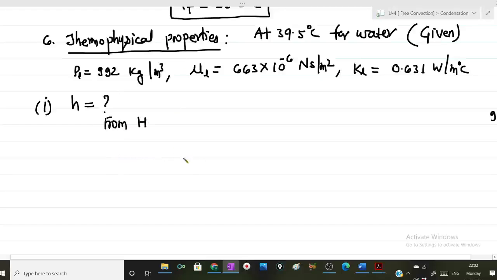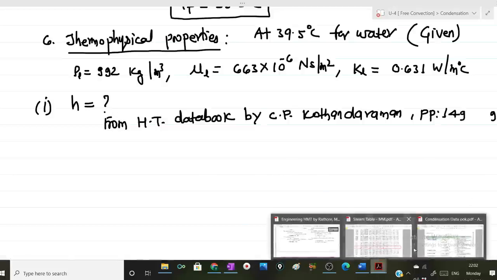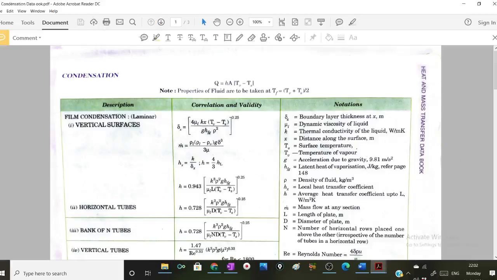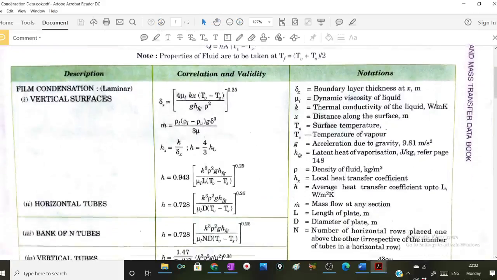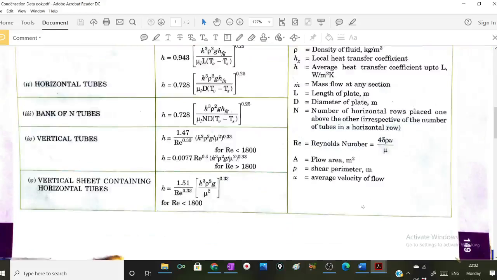Now from the heat transfer data book by C.P. Kothandaraman, page number 149. So this is the data book and the page number is 149, as you can see here.